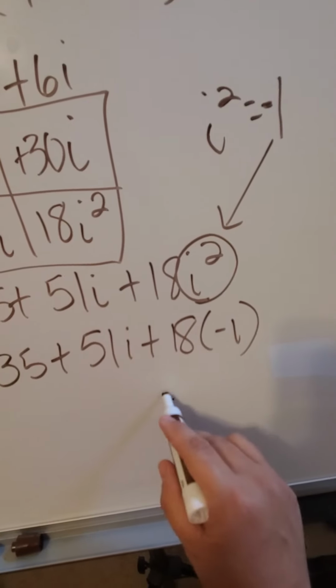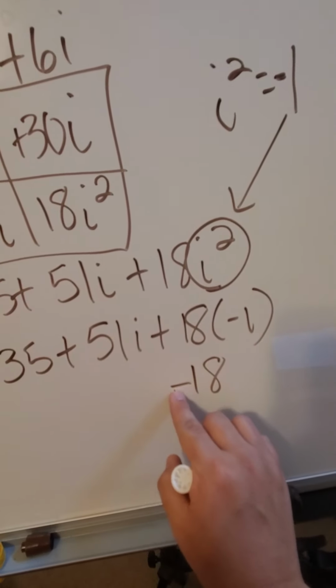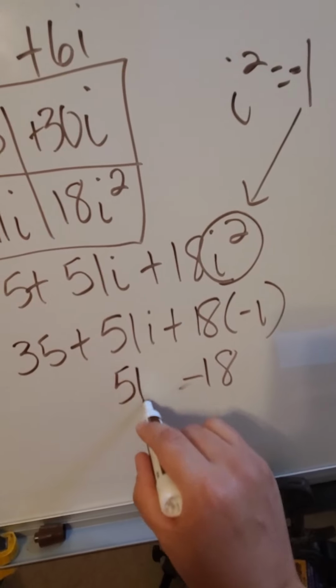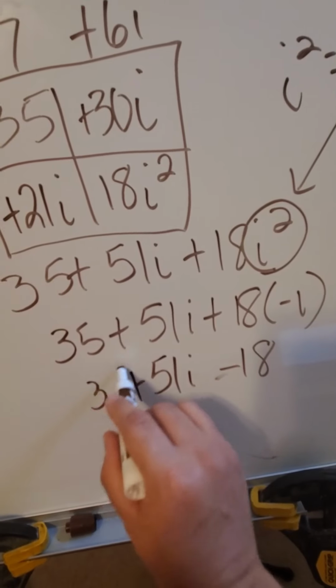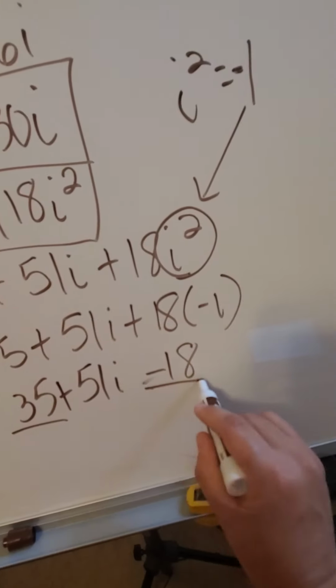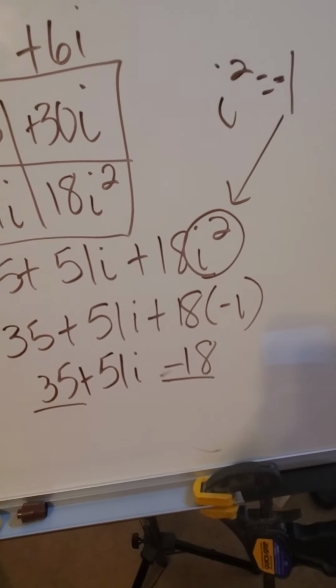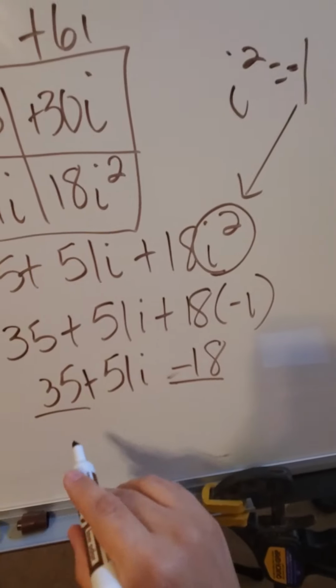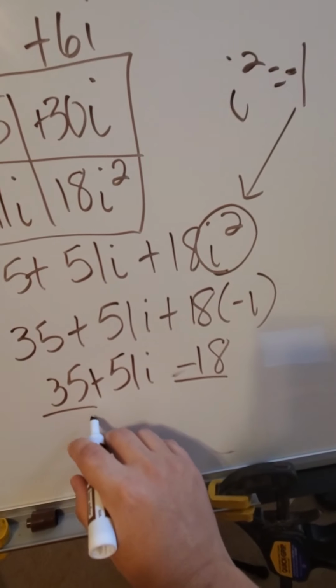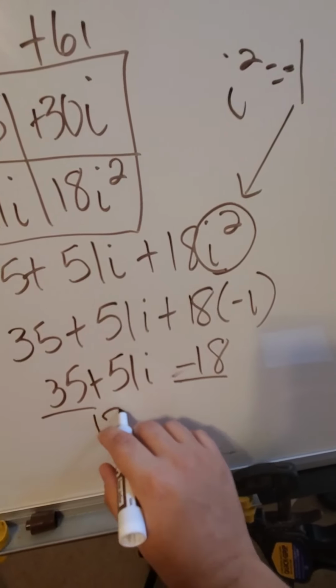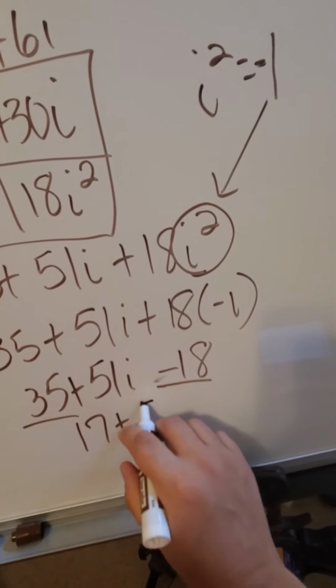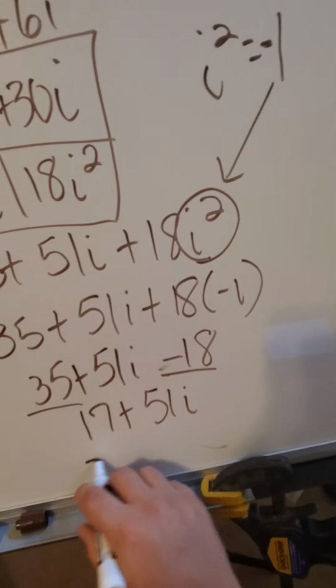Now 18 times negative 1 is negative 18. Bring everything else down. I notice this and this are like terms. So 35 minus 18 would give me 17 plus 51i. And that would be my final answer.